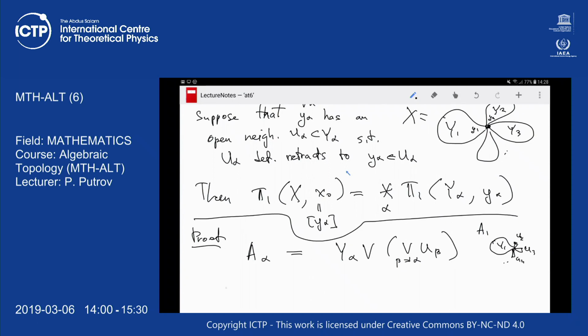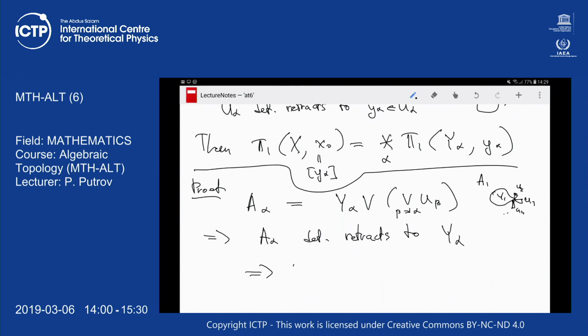Since all these deformation retract to a single point, which is identified with the point y alpha, this means that A alpha deformation retracts to just y alpha. All those pieces we can contract to a point, so the whole thing we can contract to just y alpha itself.